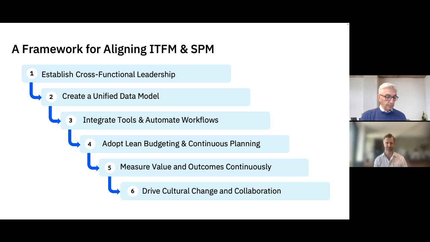The next step is really around integrating the tools and automating the workflows. Again, it's all about selecting the right tools that's going to accelerate the alignment. So many legacy PPM or finance or ERP tools are going to operate in silos. So you want to consider modern solutions that are designed to work together.